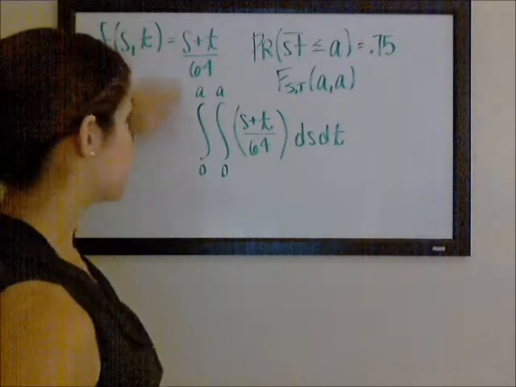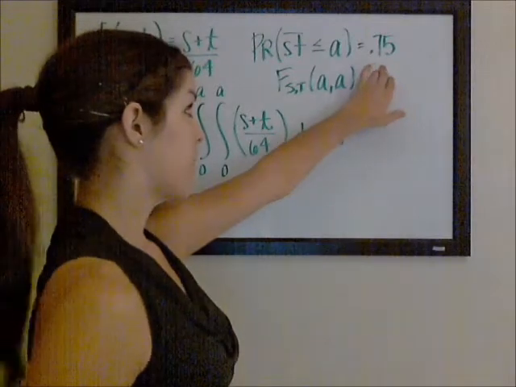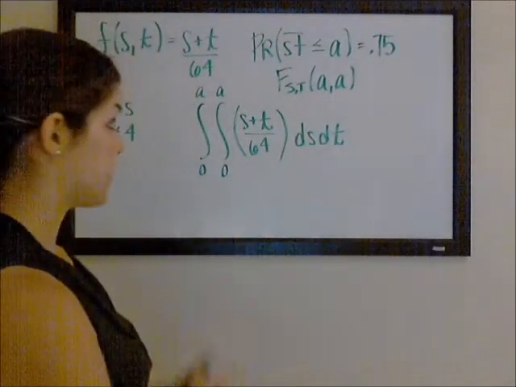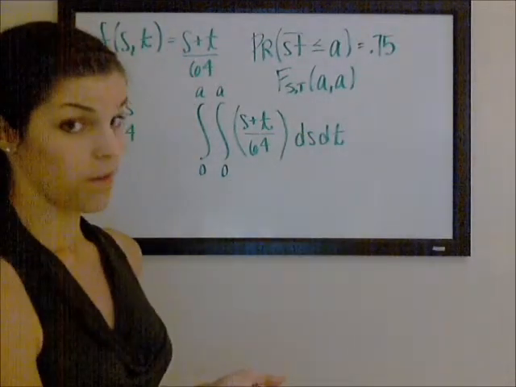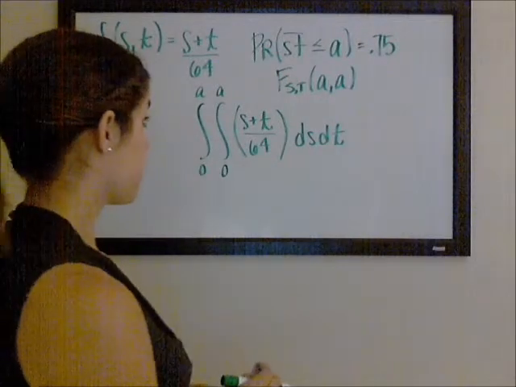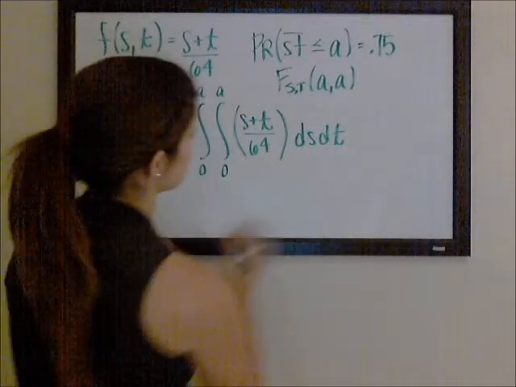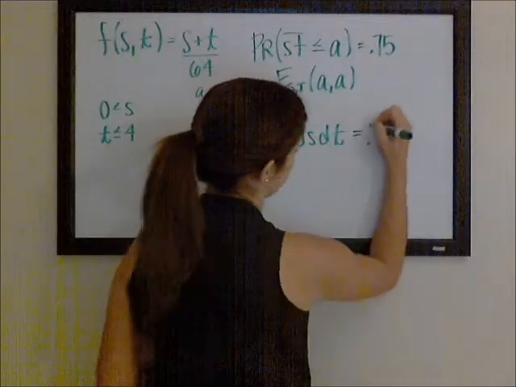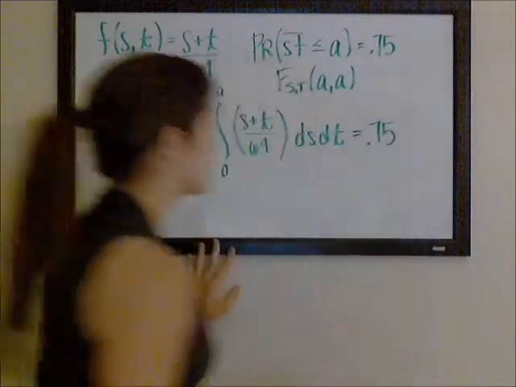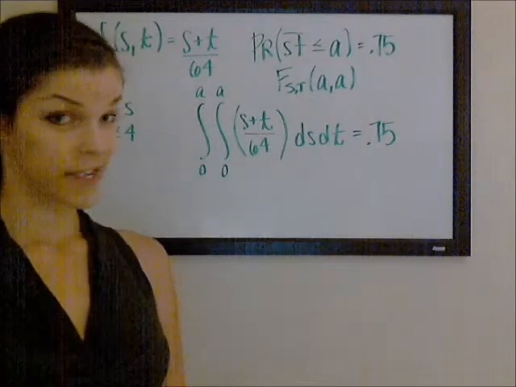So from 0 to A is 0.75. They both have to be less than that same value for the probability to be 75%. So once you have this set up, we know that this is 0.75. Honestly, that's the trickiest part of the problem.